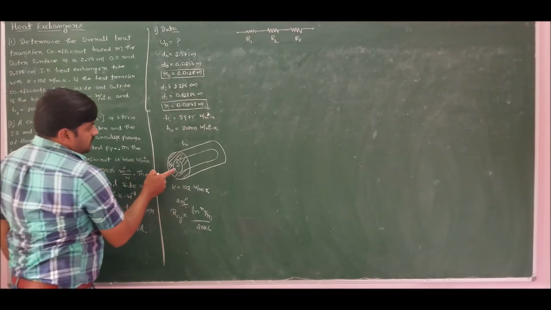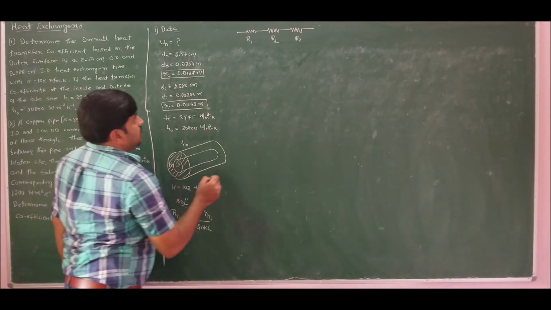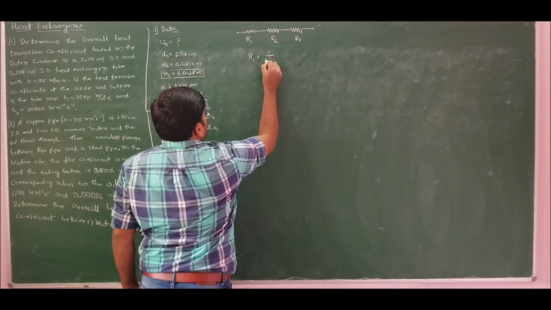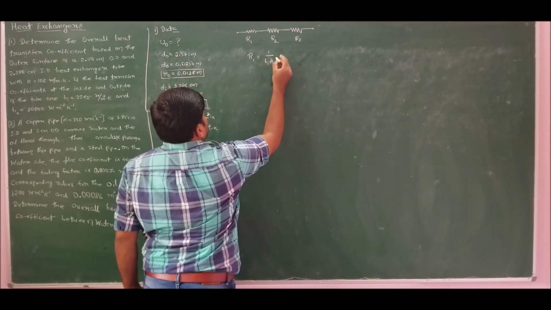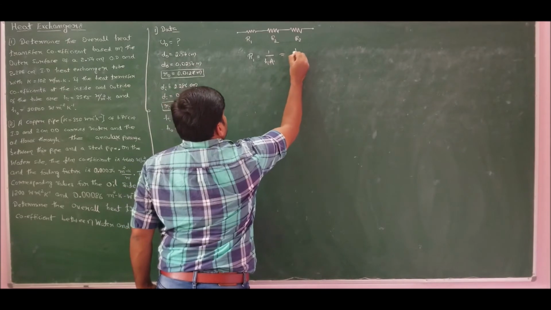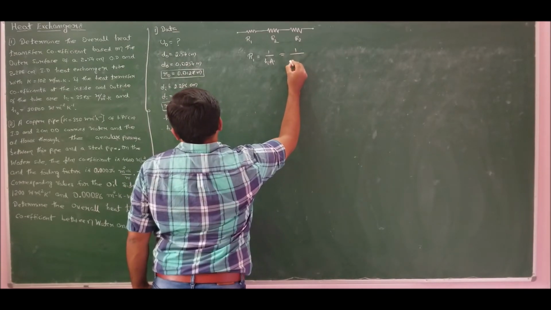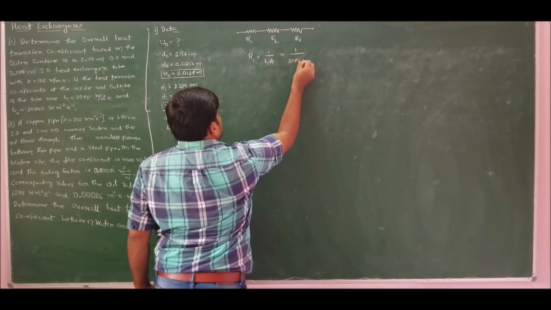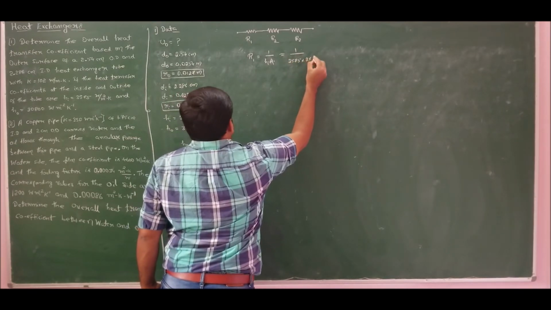Whereas R1, resistance from inside to inner surface, is because of convection. We know the convective resistance is given by 1 by Hi Ai, which is equal to 1 by Hi, which is 3575, into area, which is 2 pi RL.